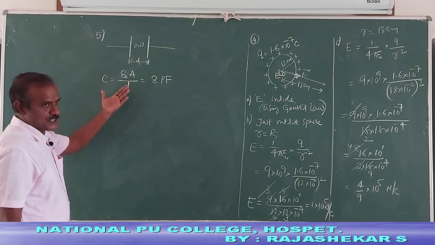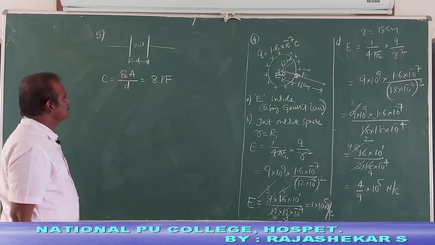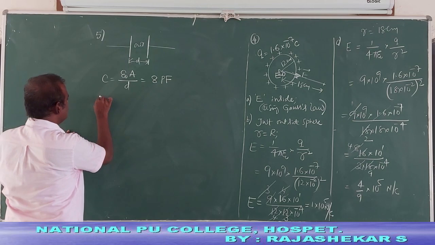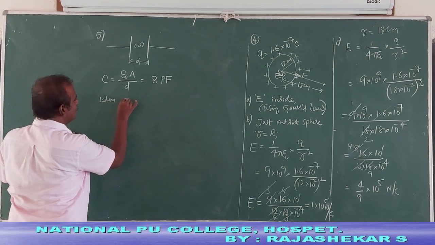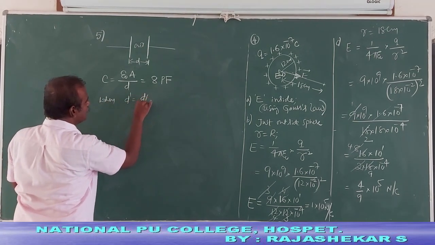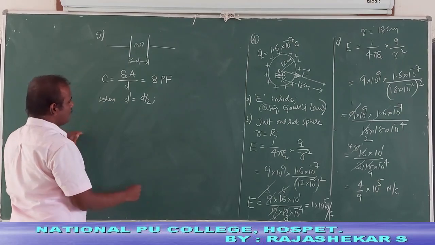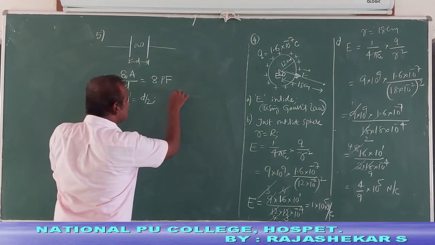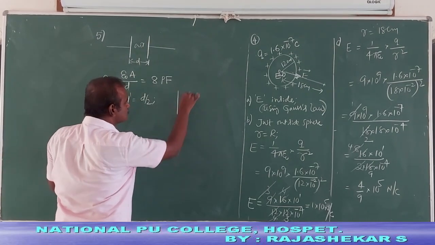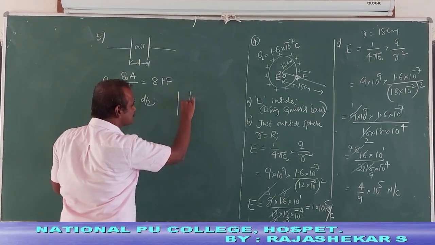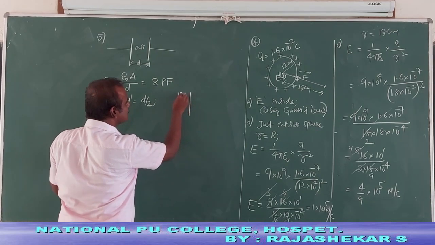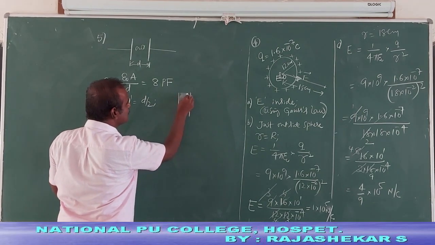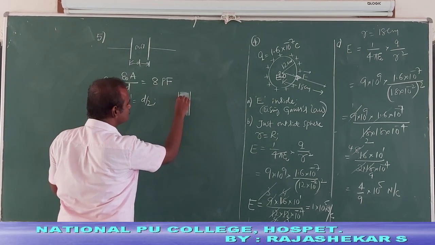Now in the next section, when d dash becomes d by 2, here the dielectric constant K is filled.